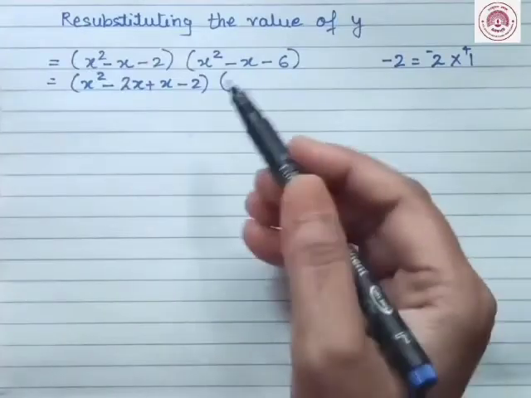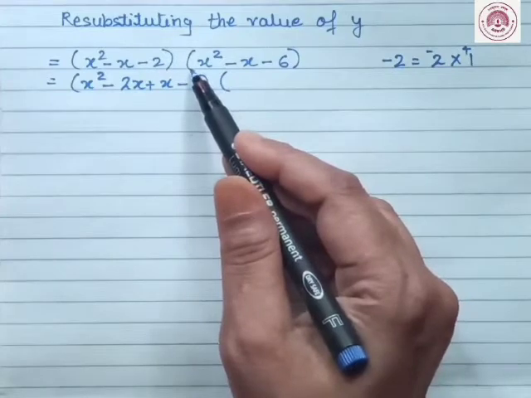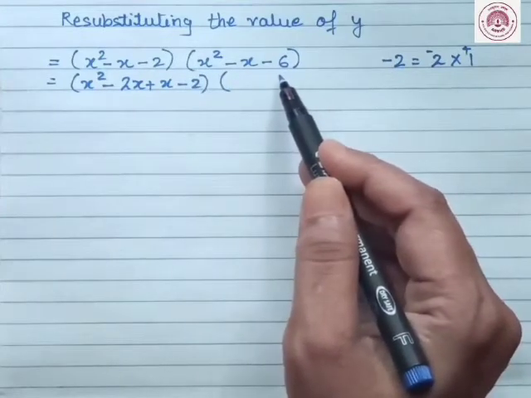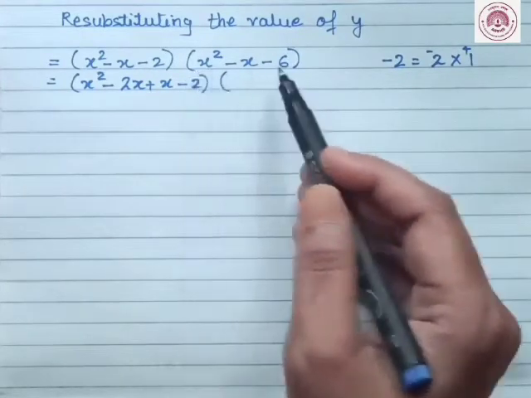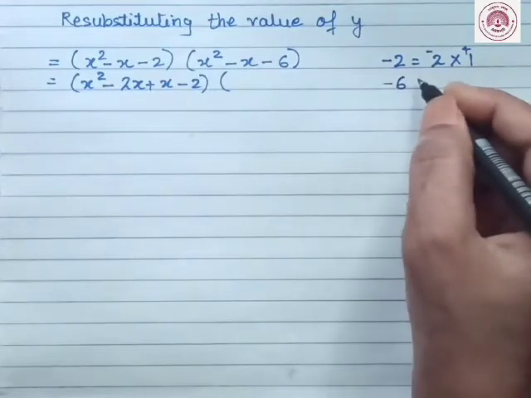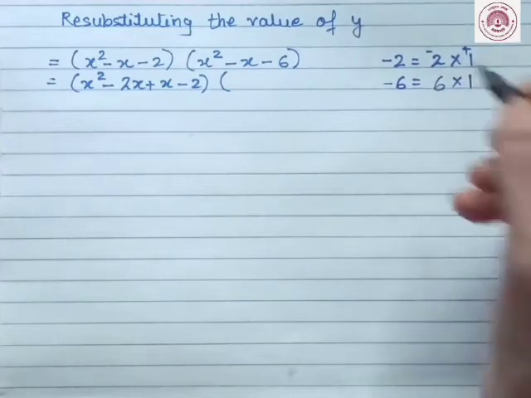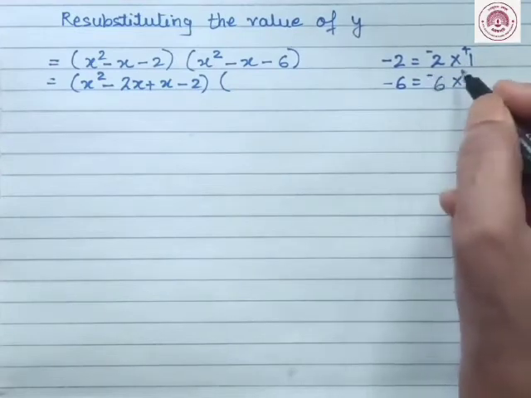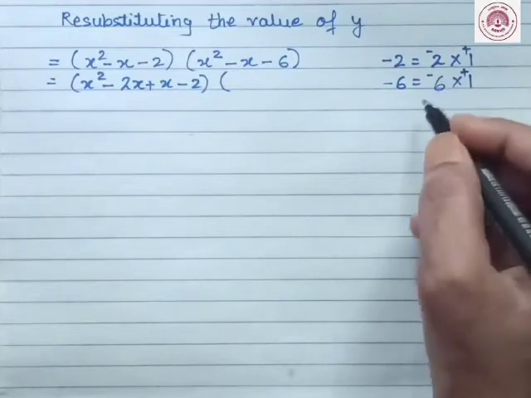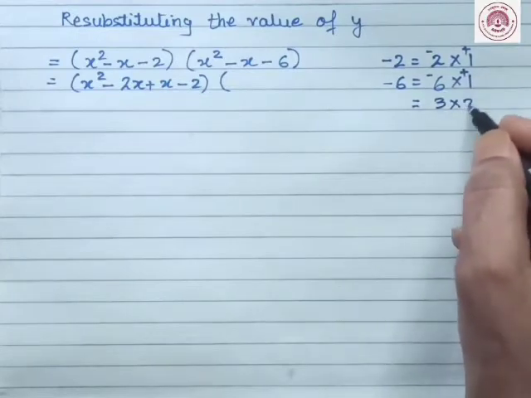Now for the second polynomial, the coefficient of x² is 1 and the constant term is −6. So 1 × (−6) is −6. What are the factors of −6? It can be 6 × 1, where one has to be negative and one positive, and the other factor pair is 3 × 2.